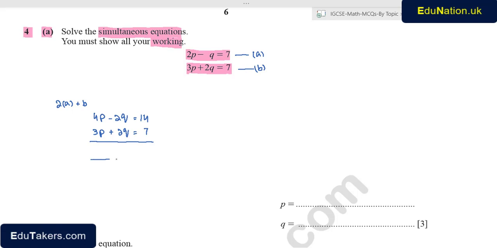Now adding these two equations, 4p plus 3p is 7p, and minus 2q plus 2q is 0, is equal to 14 plus 7, which is 21. From this, 7p is equal to 21 and p is equal to 21 over 7, so p is equal to 3.